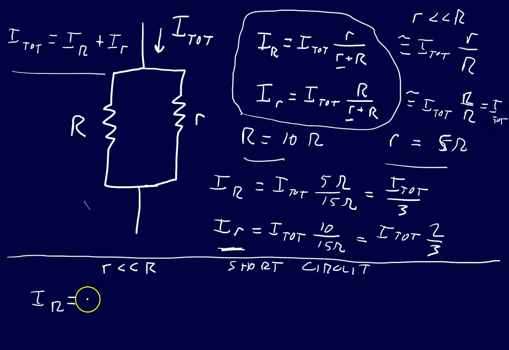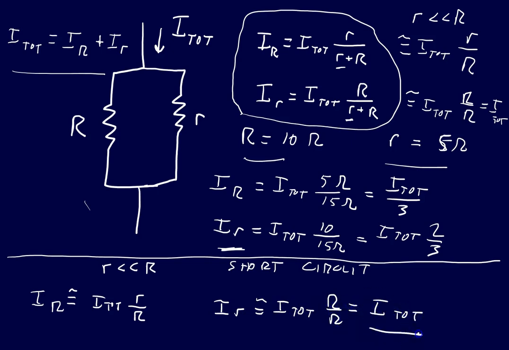And so again, if we write this out down here, for I big R, we approximately get I total times r over big R. And for I little r, we get approximately I total R over R, or just I total.